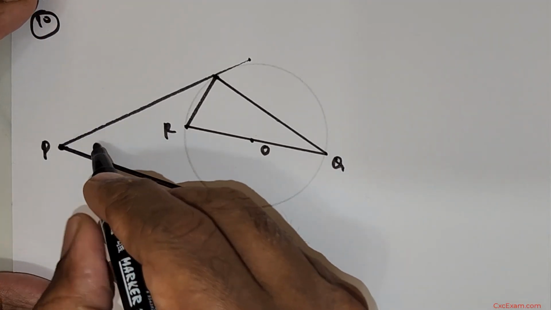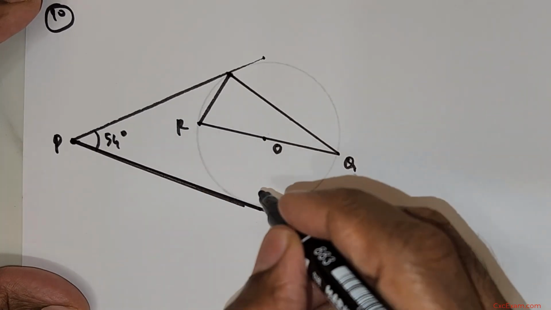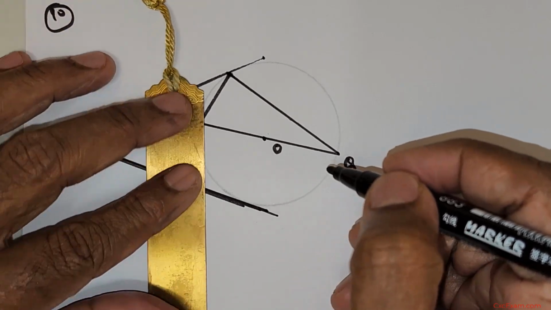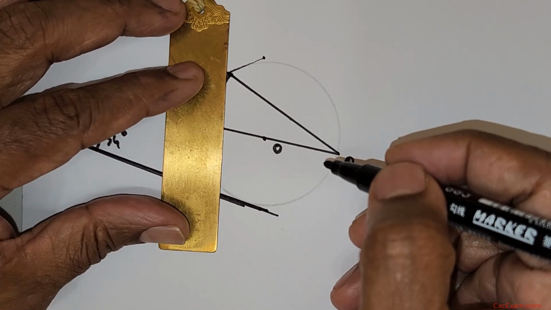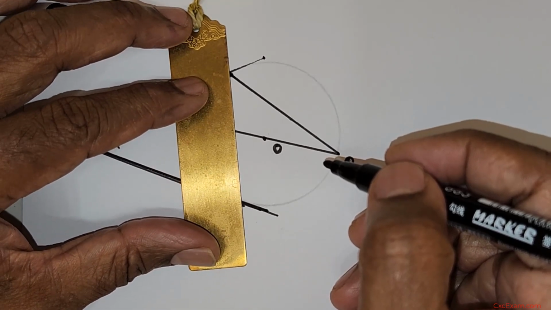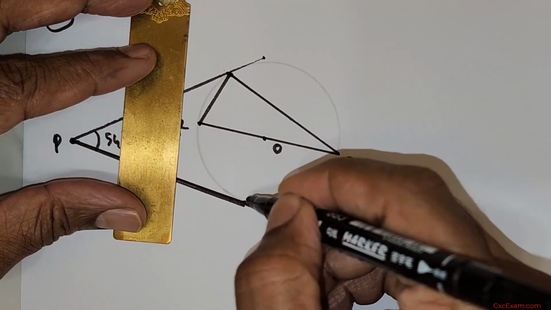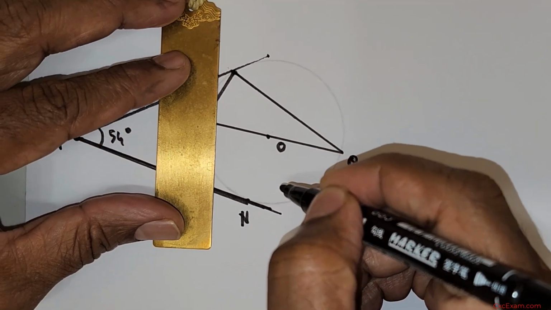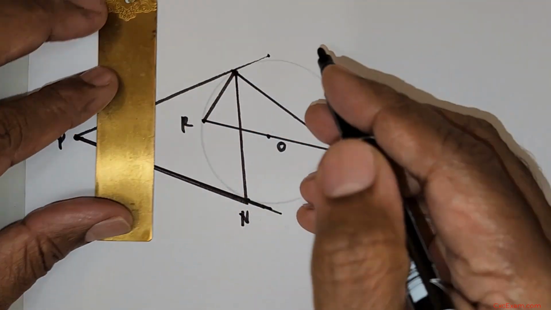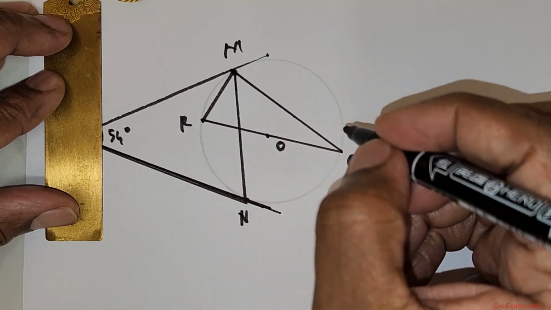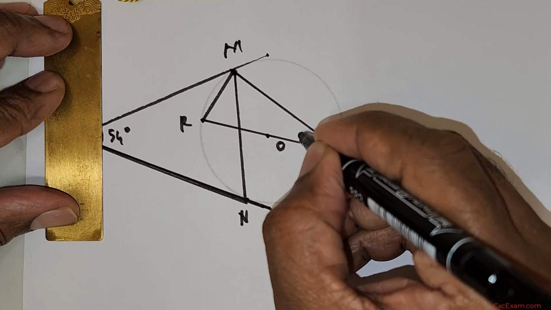So this is P, 54 degrees. And we have to have one more. So if I take this as N, there is a hit from M, and this is 20 degrees.